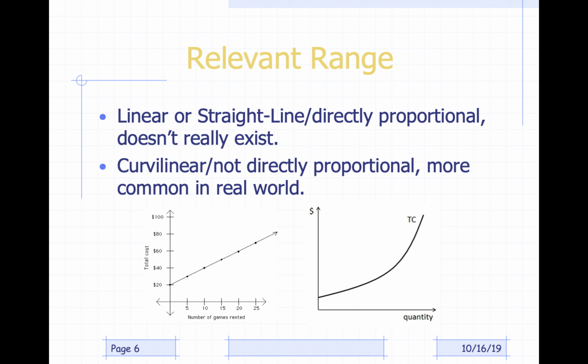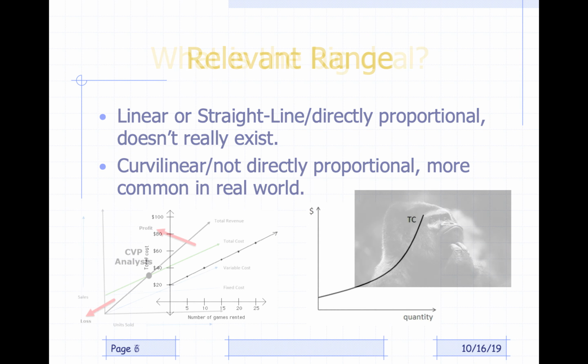Like I said earlier, if you increase something by $10, the cost will increase by $10. Curvilinear is not directly proportional, so it's not a set amount. If you increase something by a unit of 10, you're not going to automatically increase the cost by a unit of 10 as well. It could be a smaller increase, or it can be an even larger increase. Those are the two differences between linear, or straight line, and curvilinear, or not directly proportional.